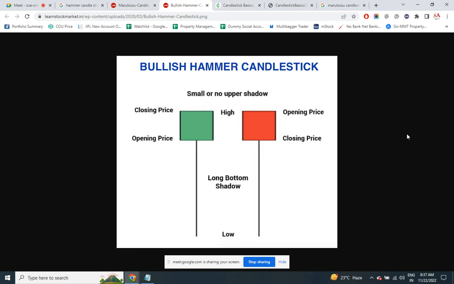How would this be formed, both the green one and the red one? I understand these are bullish, but how would that be formed? Initially, the opening price means morning, say 9 o'clock, and at 3 o'clock it's closing. But how would this tail, the shadow, form?